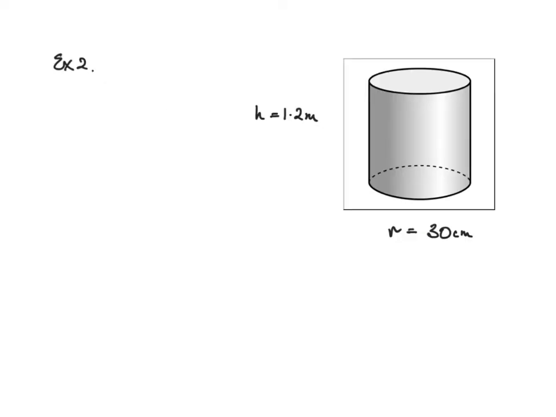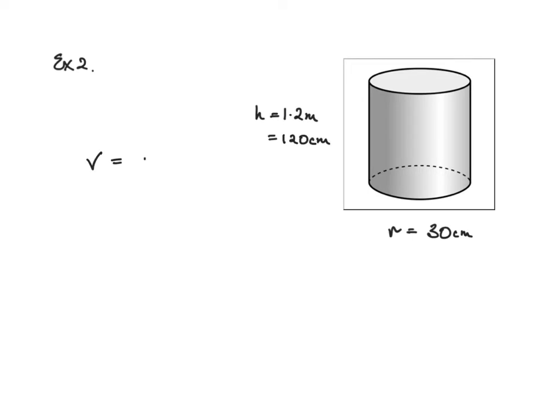Example 2. What we want to do in this example is to work out the capacity in litres of this cylinder. Now the first thing that we have to be careful about is that the height is given in metres. So multiply that by 100, that gives me 120 centimetres.